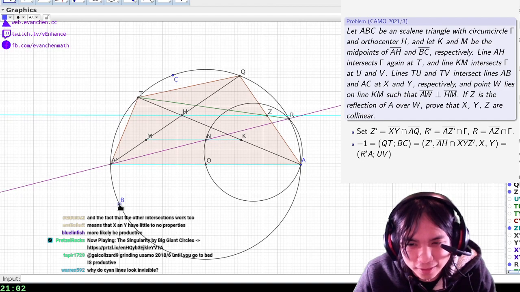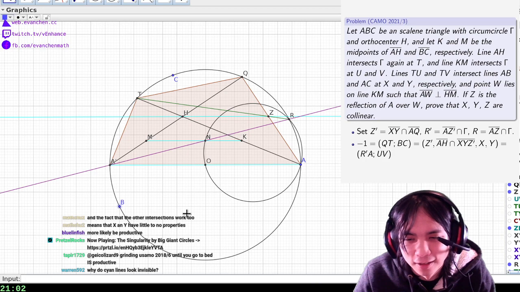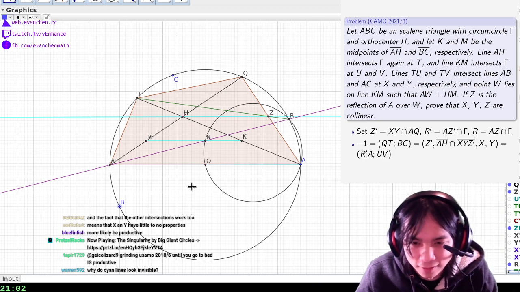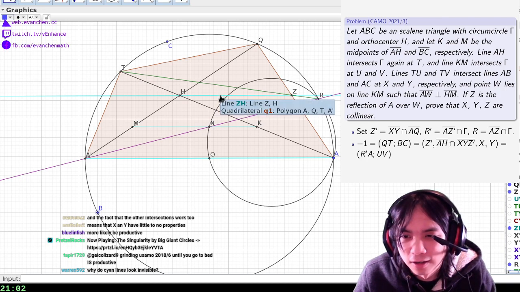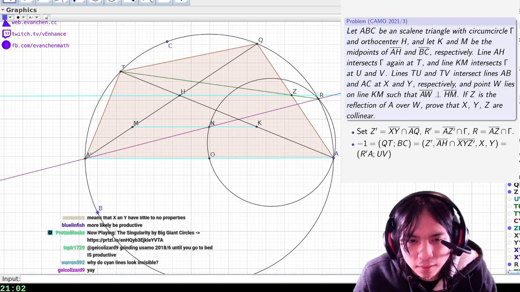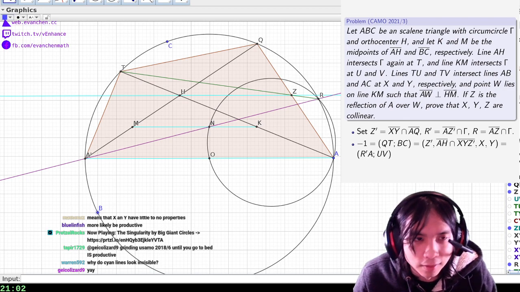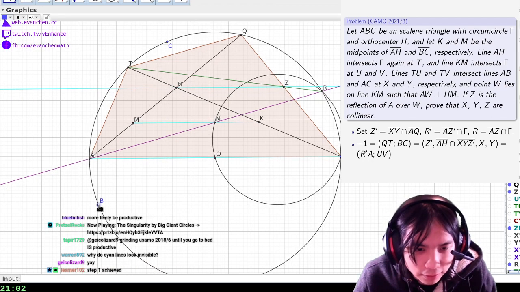Okay, good. Stay there. Alright, we did it! And I'm going to adjust it a little bit so that it's on the grid line.